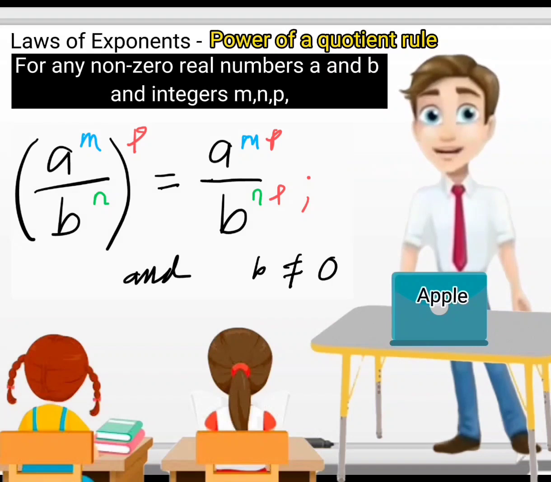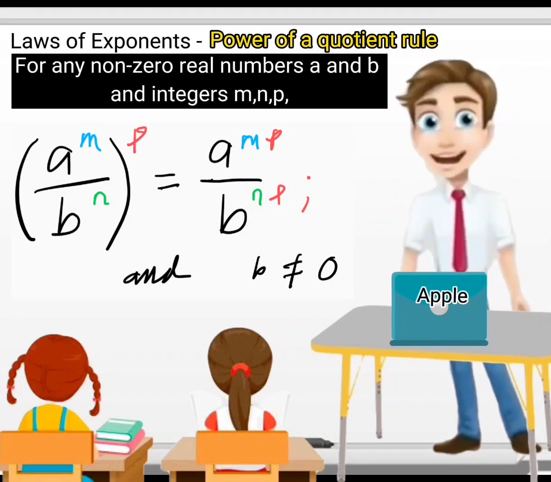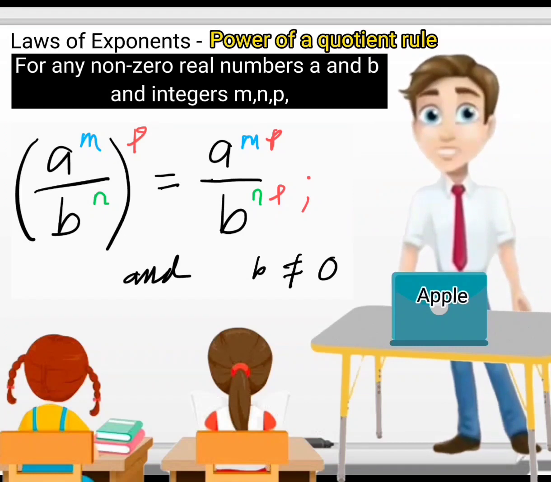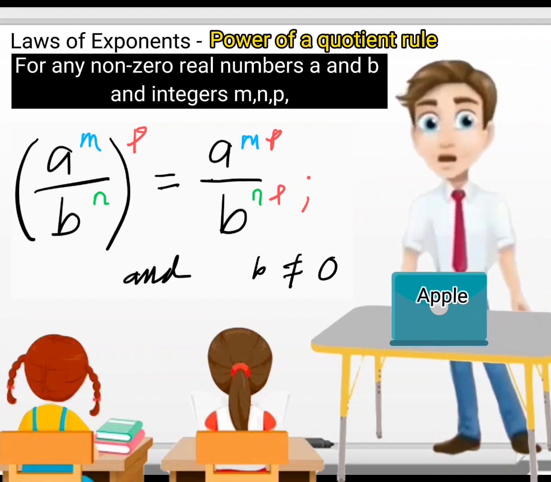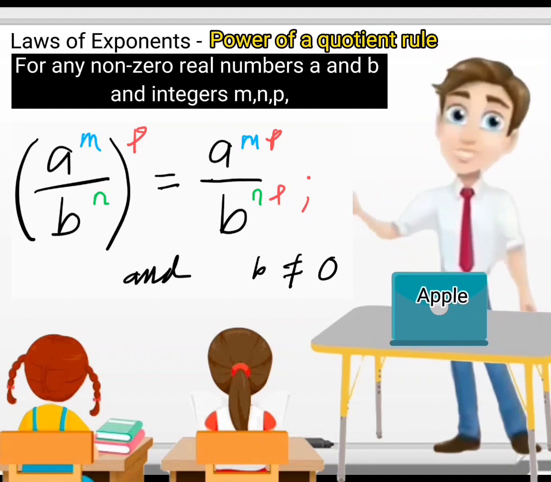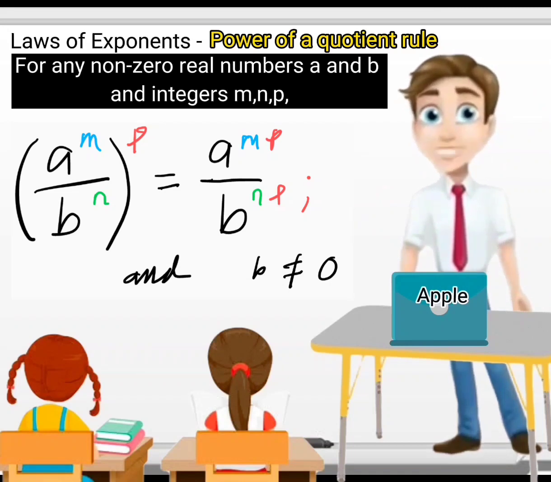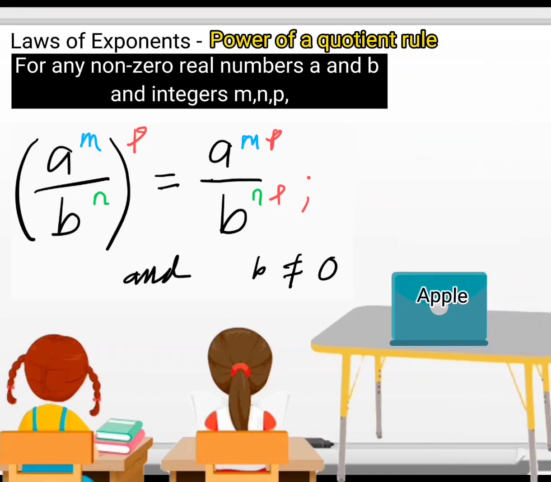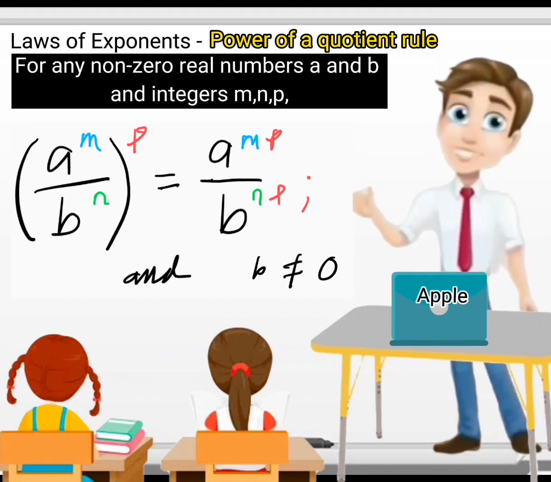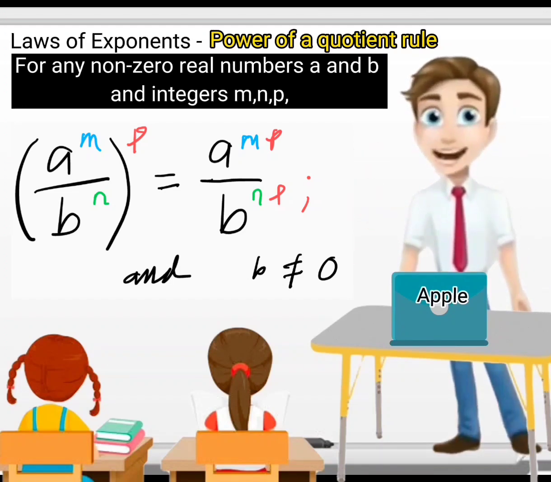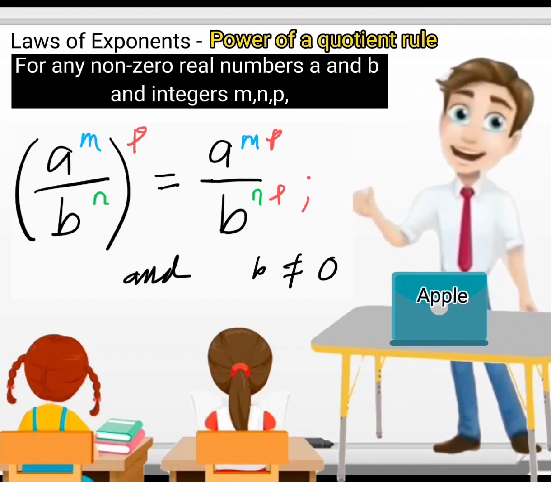Finally, we are now on the last law of exponent, and that is the power of the quotient rule. And it states this way: for any non-zero real numbers a and b and integers m, n, and p, then we have the quantity a raised to m all over b raised to n, raised to p. It is equivalent to a raised to m multiplied by p all over b raised to n multiplied by p, where b is not equal to 0.